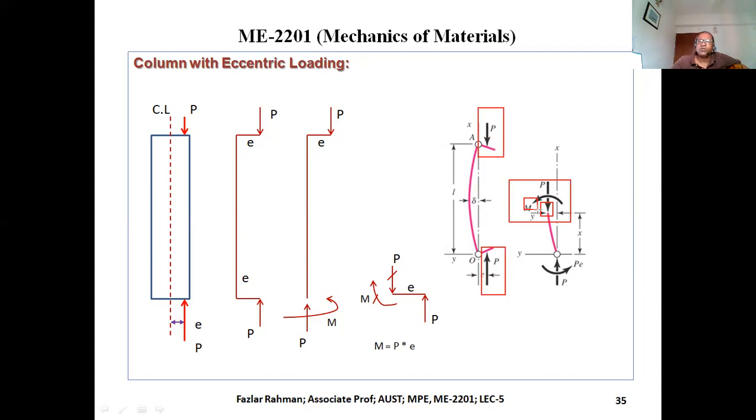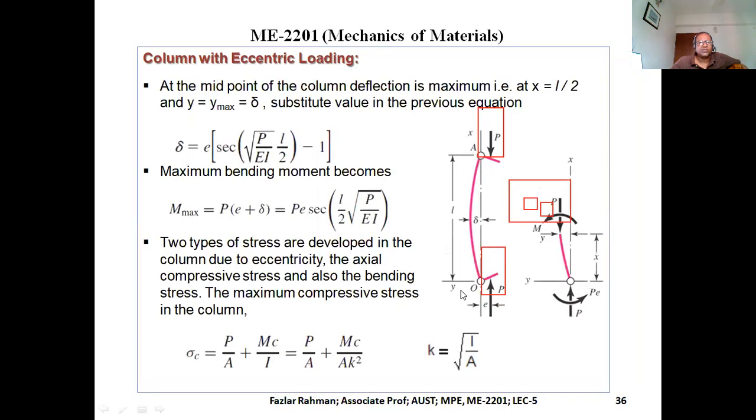If there is a bending moment, what stress can develop? It works like a beam, sigma equal to Mc over I. And due to the compressive load, there will be P by A, because it is directly normal to the cross section. So that's why you look at the bottom formula. This is our formula. And in this Mc over I, instead of this C, I can put Y.